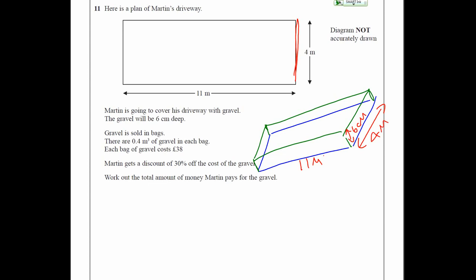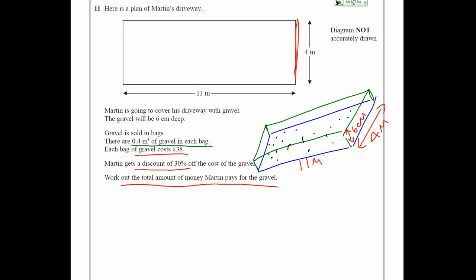Gravel is sold in bags. There are 0.4 meter cubed of gravel in each bag. Each bag of gravel costs £38. Martin gets a discount of 30%. There's lots of stuff going on here. Work out the total amount of money Martin pays for his gravel. So from our diagram, this is what we're filling with gravel.